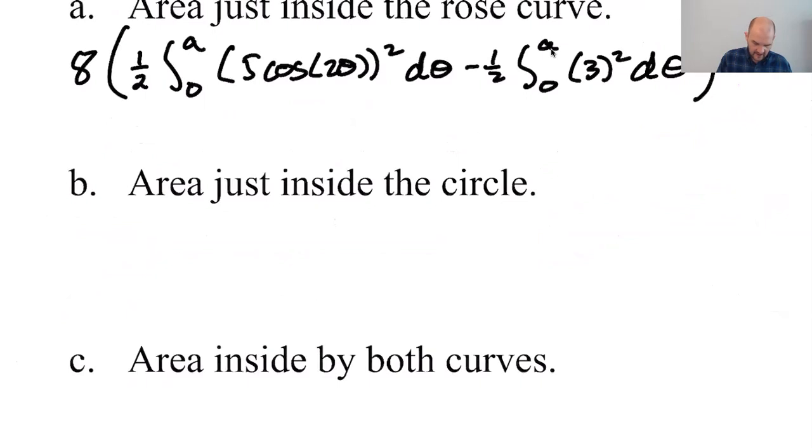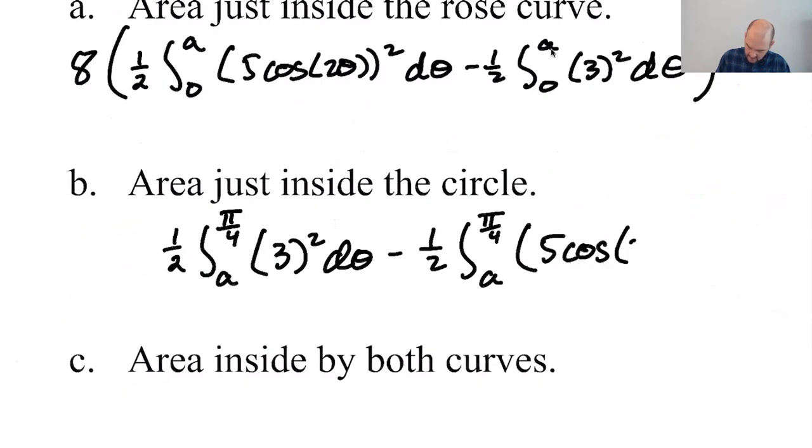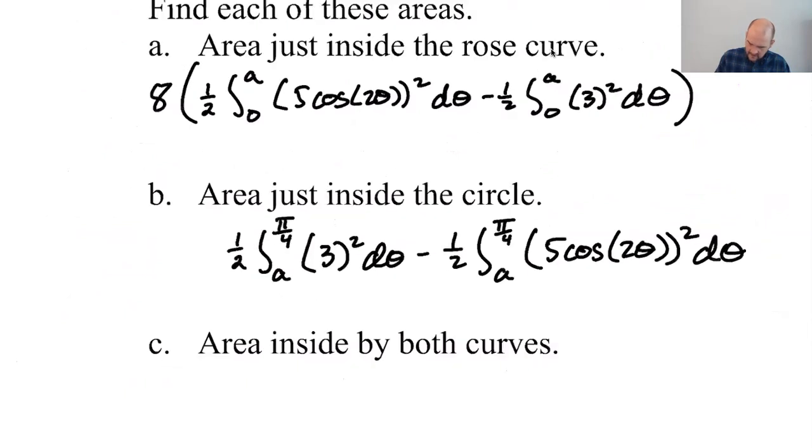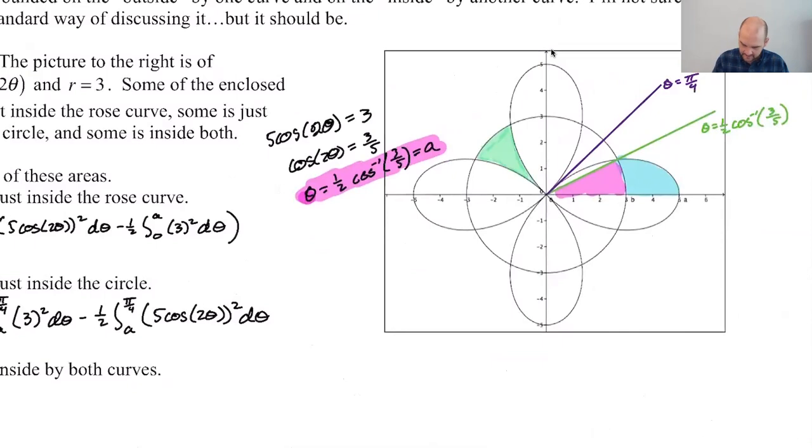I'm gonna do the circle, so it's 1/2 from A, that value we stored as A, to pi over 4, and then it's just the circle, 3 squared d theta. I'm gonna subtract off the rose curve on the same interval, A to pi over 4 of 5 cosine of 2 theta squared d theta. So that's half of one of the regions.